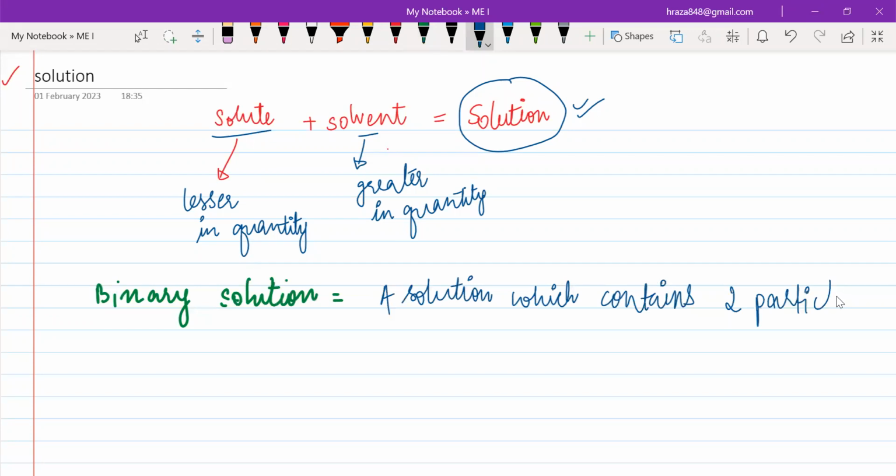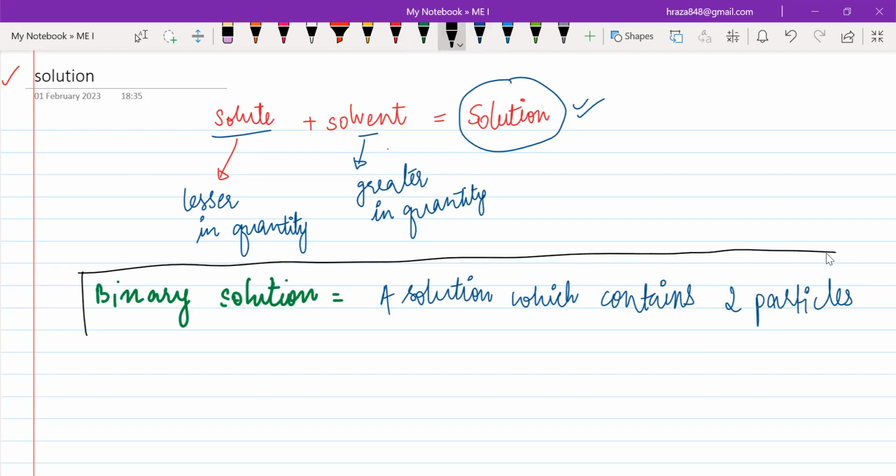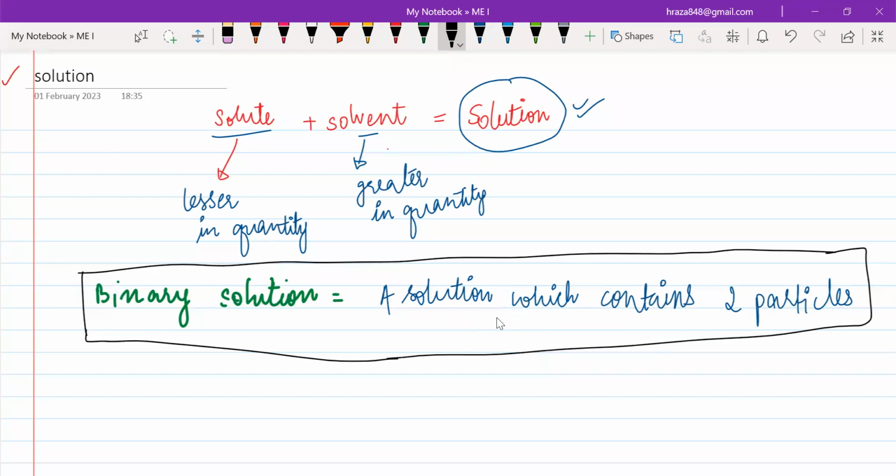Basically in a solution there can be more than two particles, but in our syllabus we need to study only about binary solution. That means a solution in which only two particles are present, one is solute and another is solvent. That is called binary solution, and this is in our syllabus.